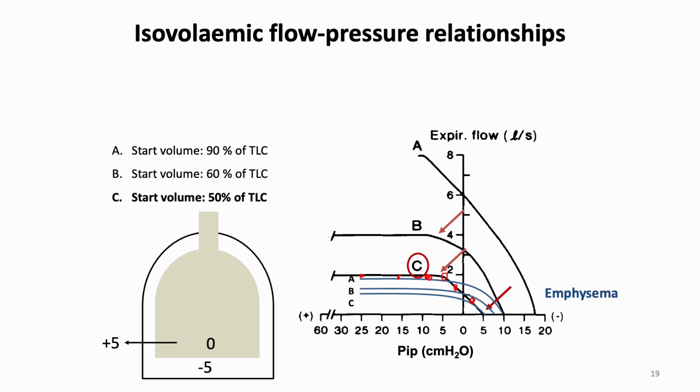This is essentially what the graph is showing. And this illustrates that flow limitation occurs even in the healthy lung, and that this sets in not at high lung volumes, but at mid and low lung volumes.